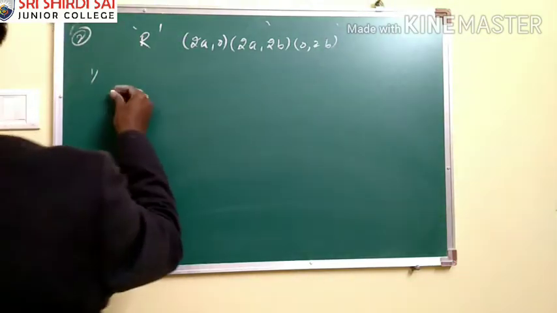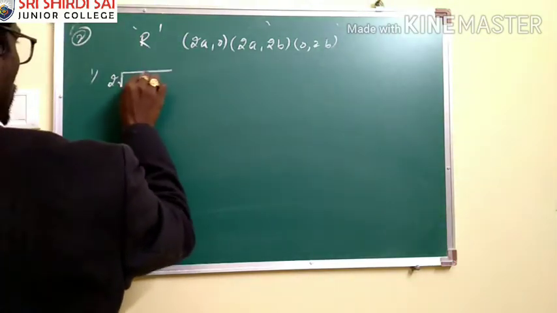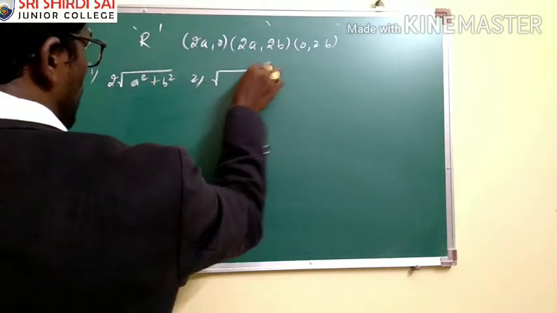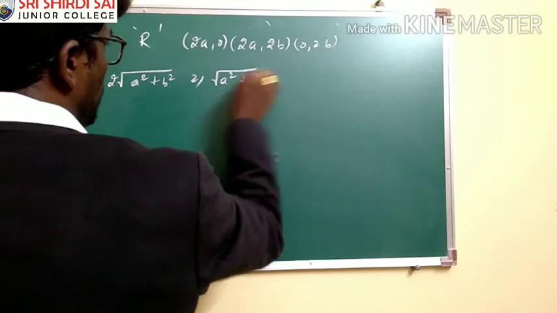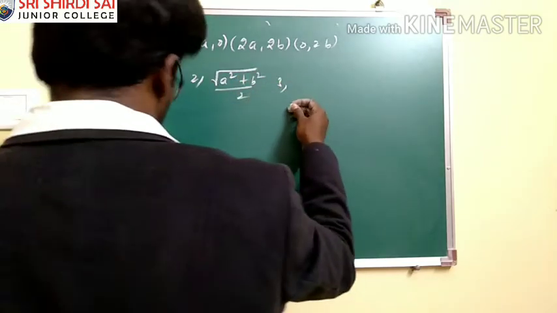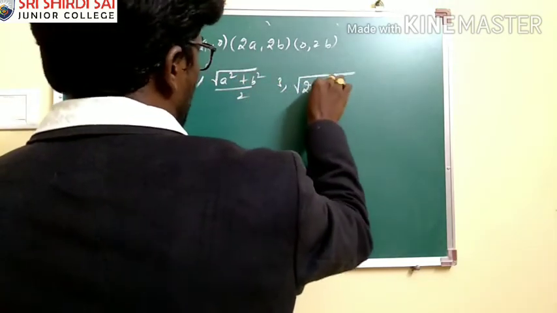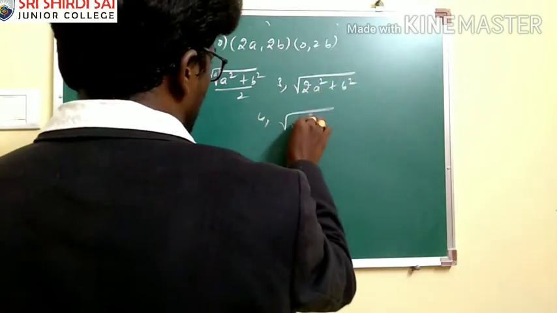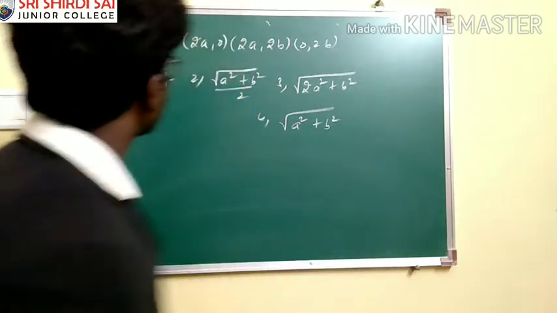We have the options: 2 times root of a square plus b square, root of a square plus b square by 2, root of 2a square plus b square, and the fourth option is root of a square plus b square.